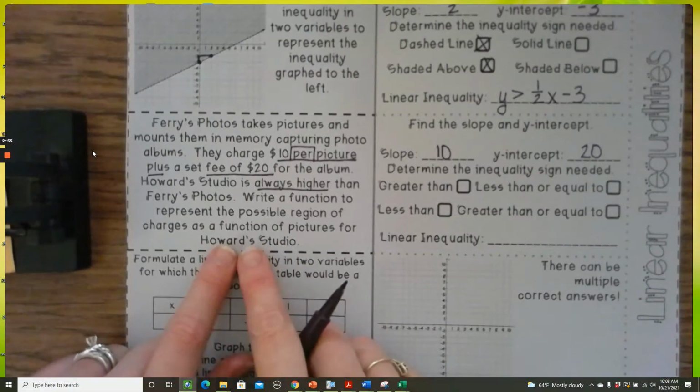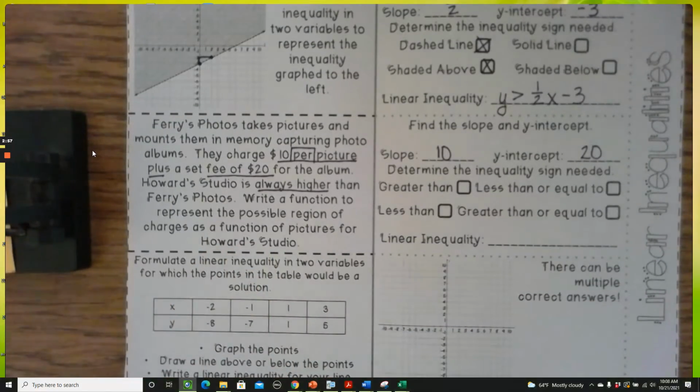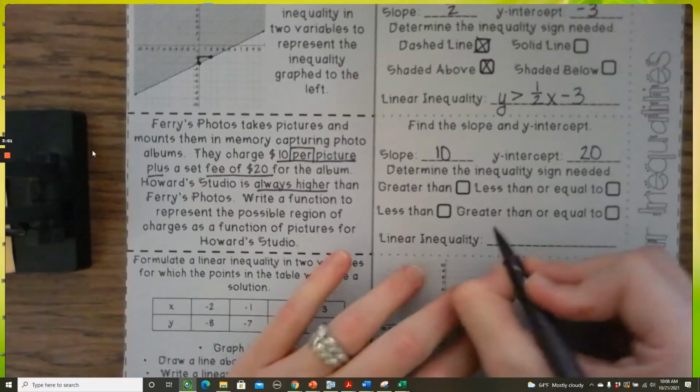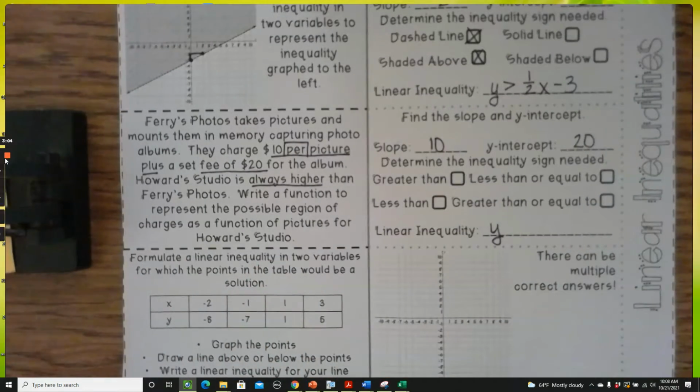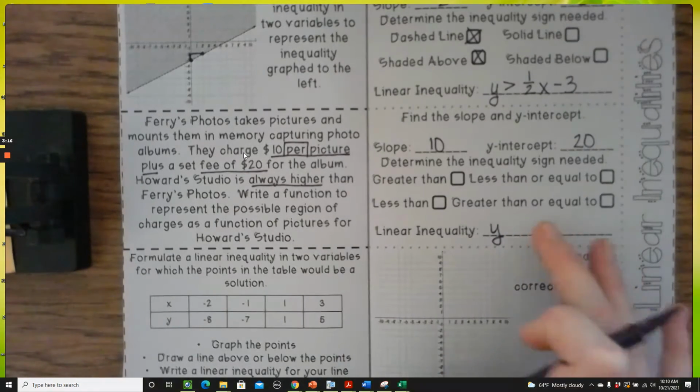We have no information on Howard Studio. So Howard Studio is going to be our y. That's what we're going to start with. Okay, so Howard's is y, which means Fairies is going to be what my information on this side is about.